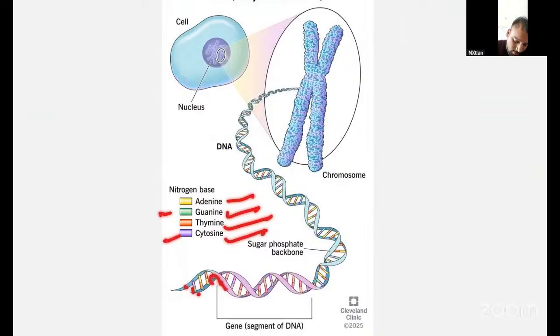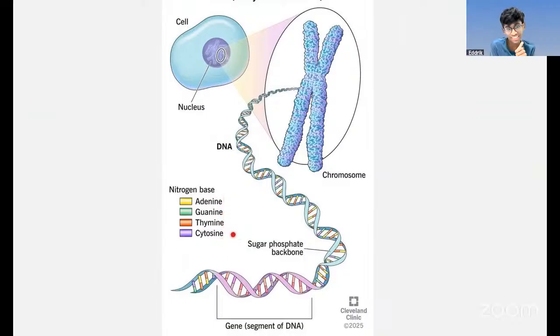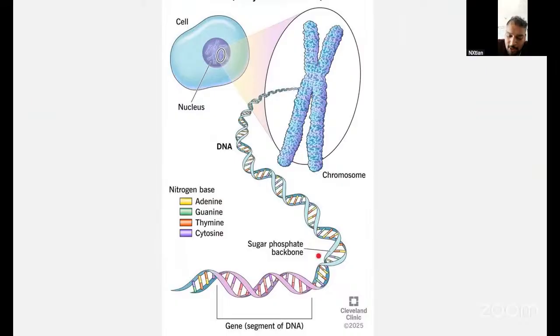This thread-like structure is called a strand, and two strands are joined by bonds between the nitrogenous bases. Are you getting my point? Okay. The strand is made up of a sugar phosphate backbone.